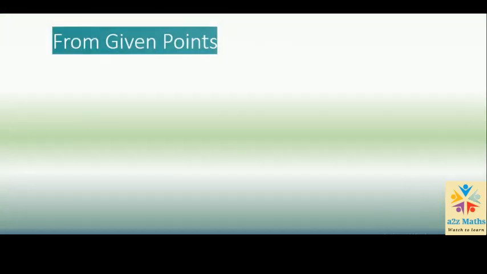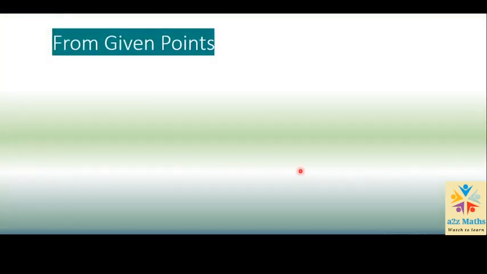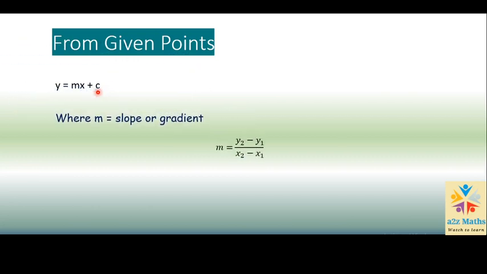For example, you are given any 2 points. First step, as I told you, always write down the equation. It will tell you which things you need to find out to write down the equation. As in this case, we need to find m and c. How to find m?